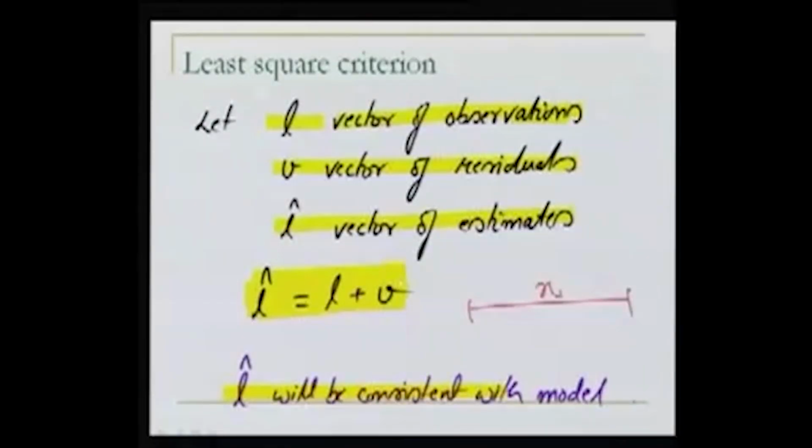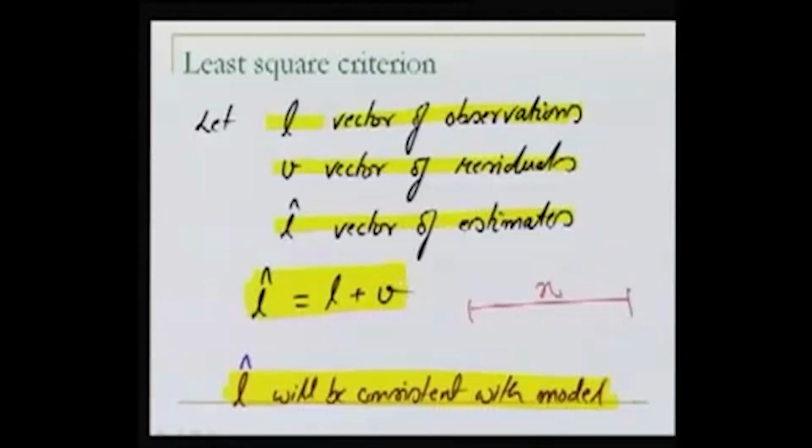Now this estimate should be consistent with our model. We have seen now that our observations should satisfy some model. We have seen those geometric conditions, observation conditions. So our observations should satisfy those.